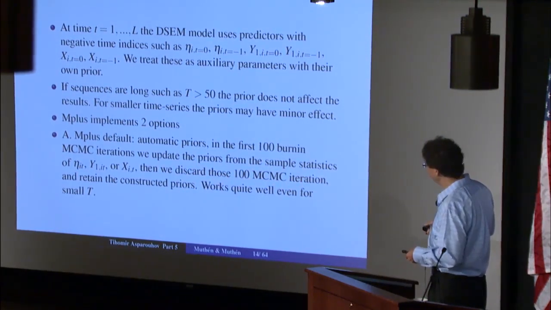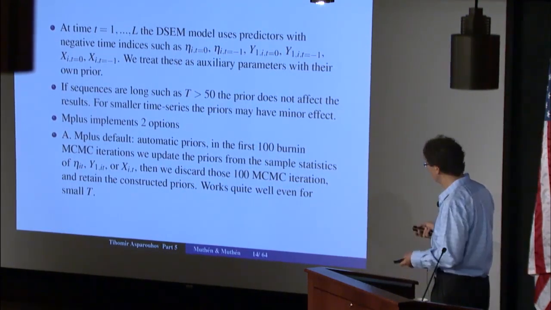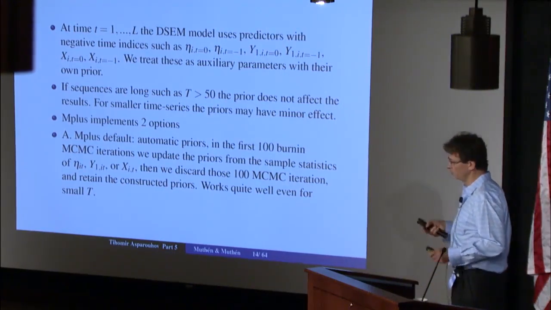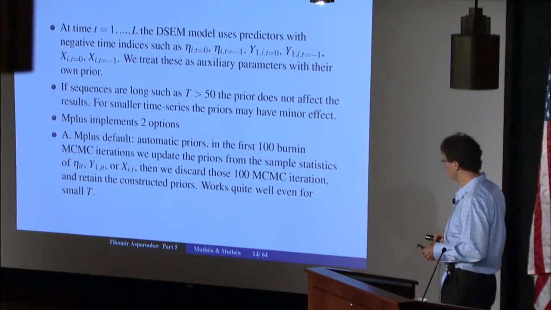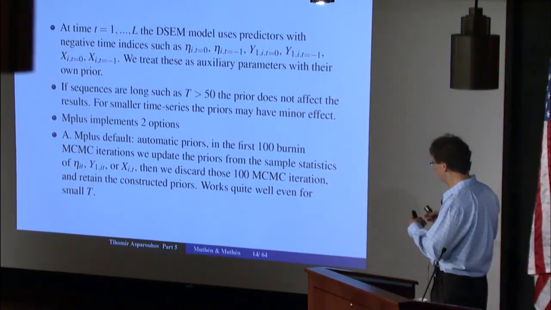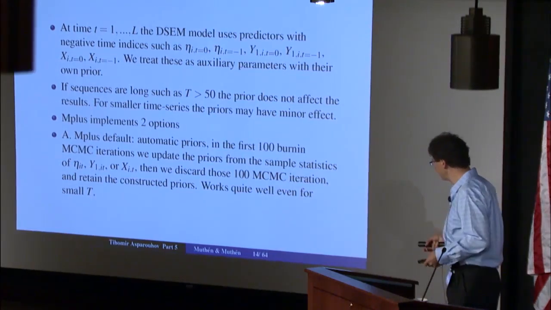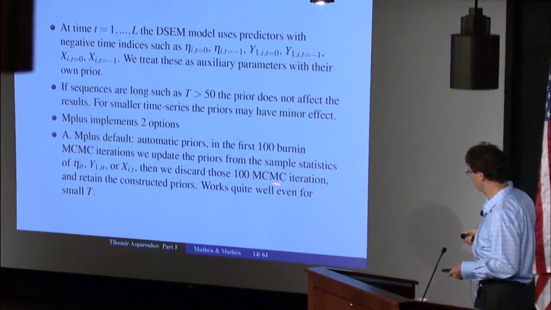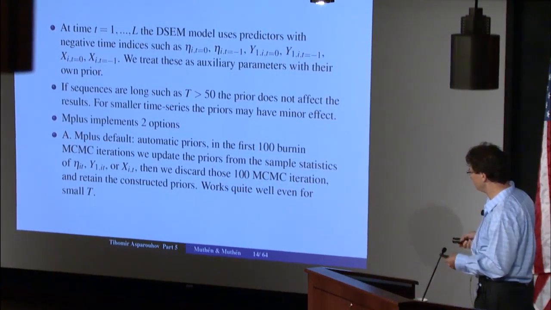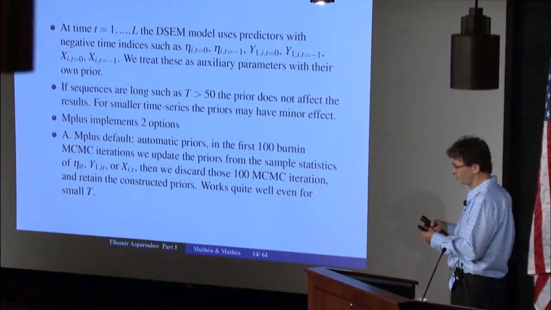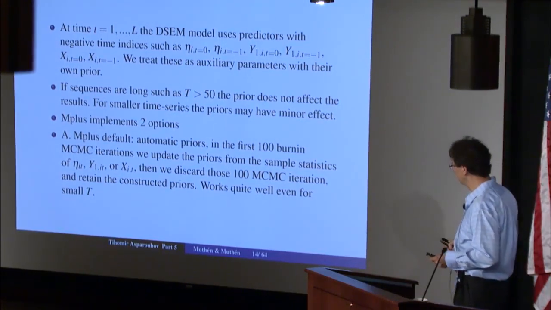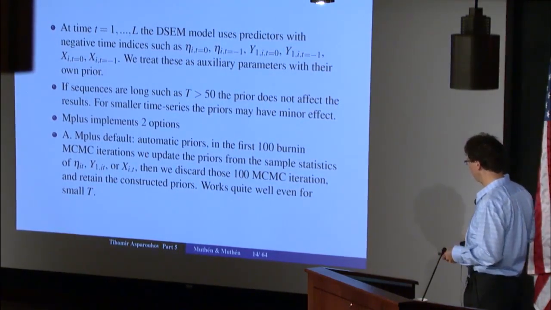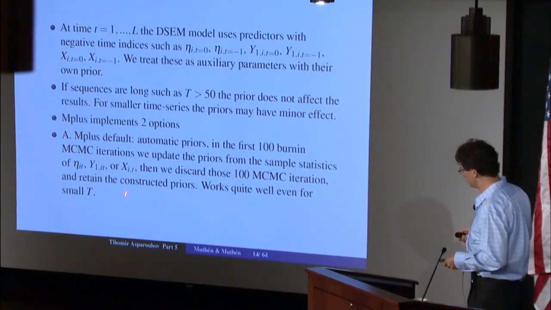And after the burn-in iterations, those burn-in iterations are discarded. They're not part of the iterations that we use to estimate the estimates of the model. So those are discarded, and that's necessary to make sure that the MCMC sequence that we use for the estimation is properly defined. That's a very standard way of dealing with such issues.